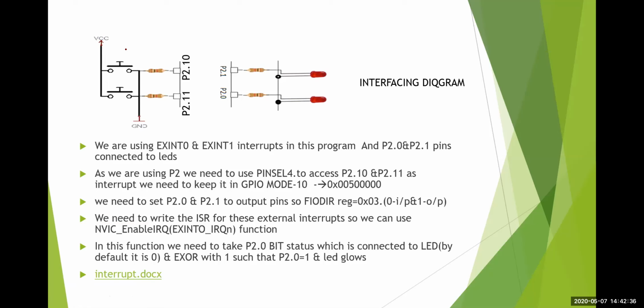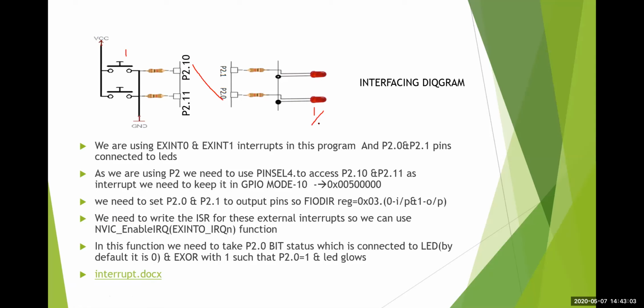If I'm pressing this button, that is, if I'm giving 1 to this, then interrupt 0 will be enabled. If interrupt 0 is enabled, the LED which is connected to P2.0 should be on. Okay. Listen here properly: if the switch is pressed, then interrupt 0 will be enabled, so the LED connected to P2.0 will be 1.